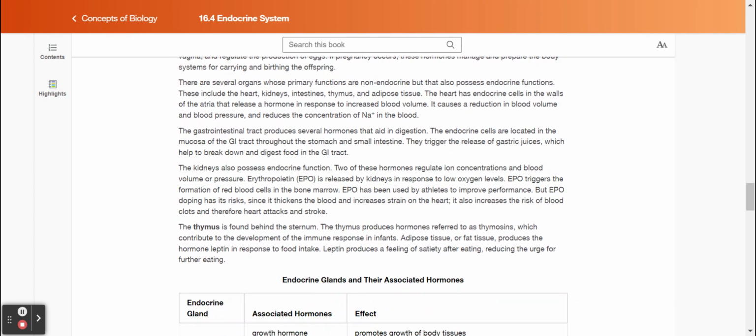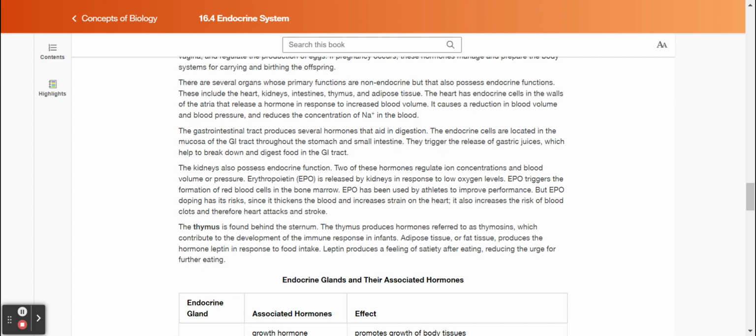There are several organs whose primary functions are non-endocrine, but that also possess endocrine functions. These include the heart, kidneys, intestines, thymus, and adipose tissue. The heart has endocrine cells in the walls of the atria that release a hormone in response to increased blood volume.